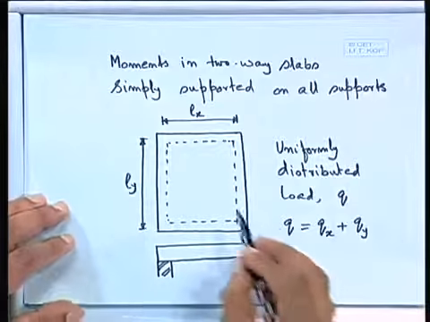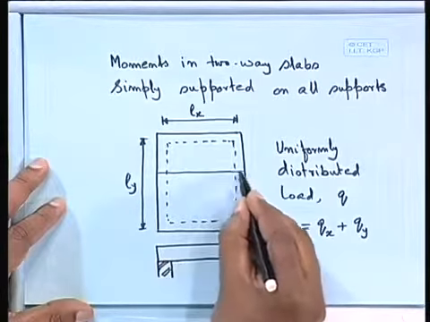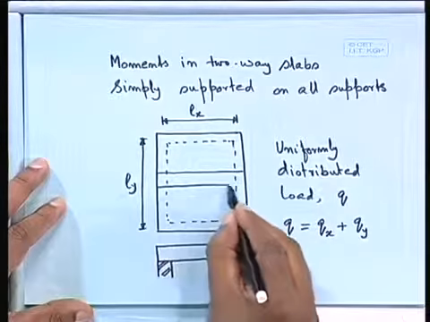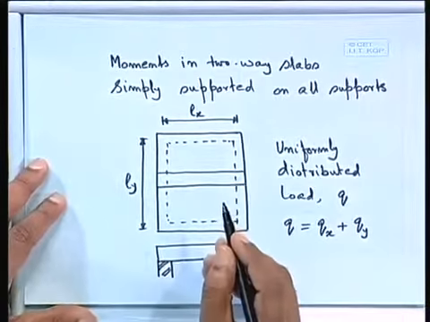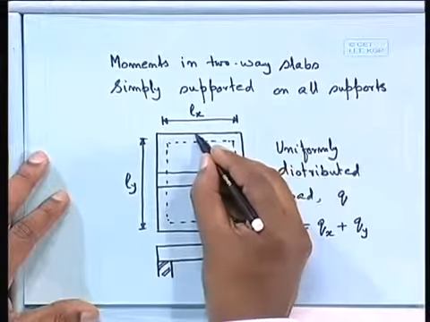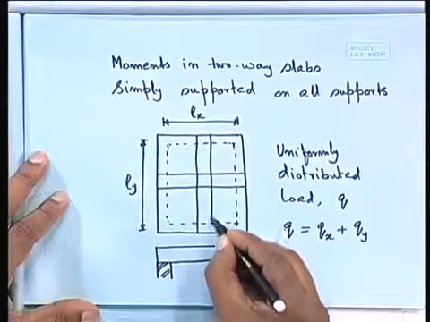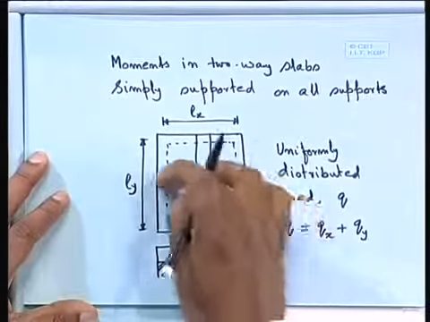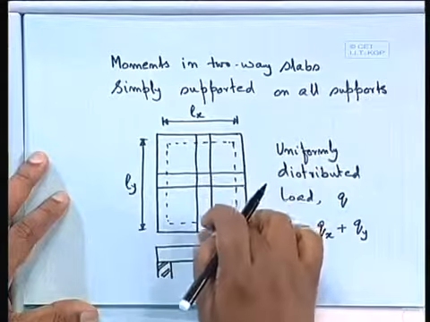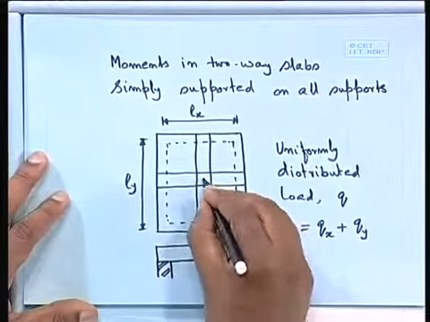That Qx, that means if I take a strip, so this is one strip, maybe 1 meter width. The other one, let us take along the y. So, this one also will bend, the other one also will bend. Now, what we can find out is the vertical deflection at this point.